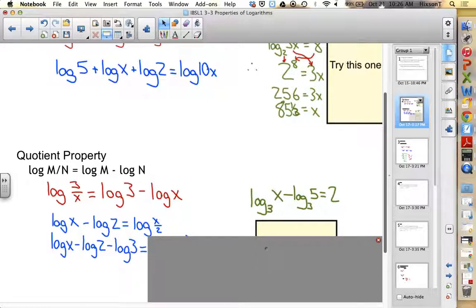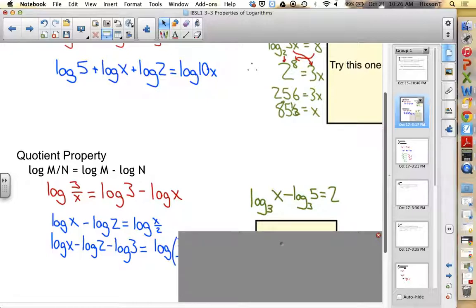Then we've got this one here. We have 3 parts to it. The log of x minus the log of 2 minus the log of 3. I don't know if that's a z or a 2. We'll find out. Anyways, what would we do with that to put it all in 1 log?